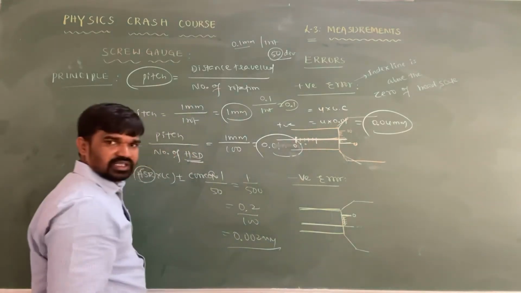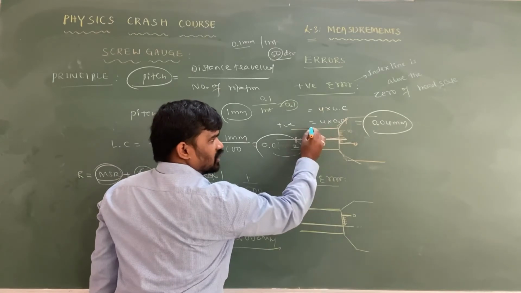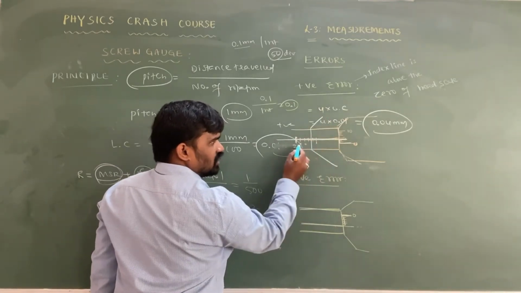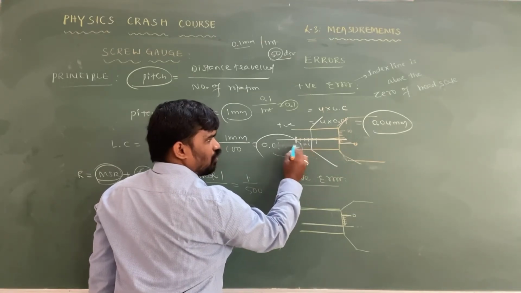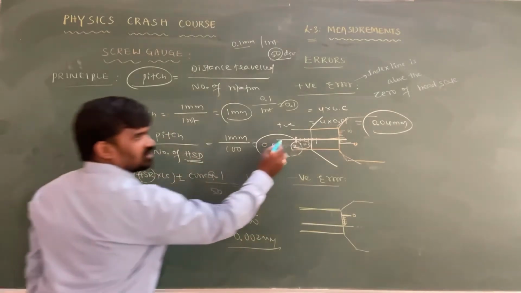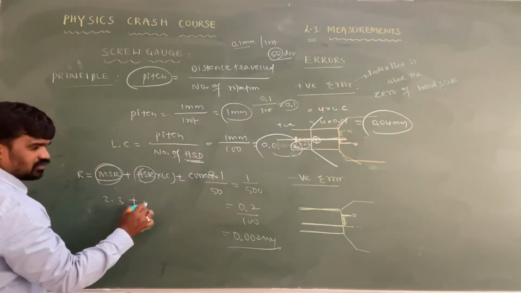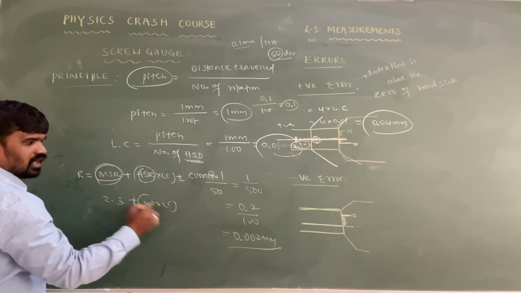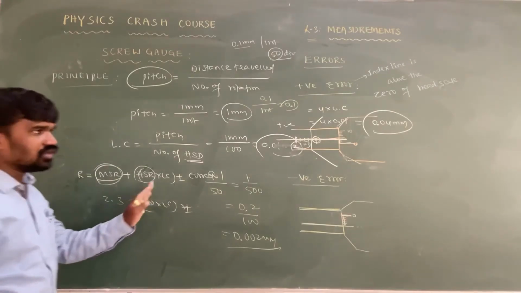Suppose you rotate and the screw stops here, at 2, and then 1, 2, 3, so 2.3 millimeter we have to take. Plus the head scale division that coincides with the index line, which we take as the HSR. If it is 40, then 40 into LC, plus or minus the correction. This is the way to determine the reading.